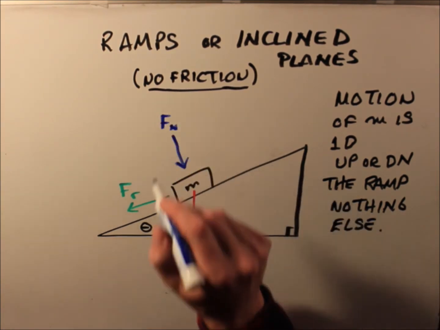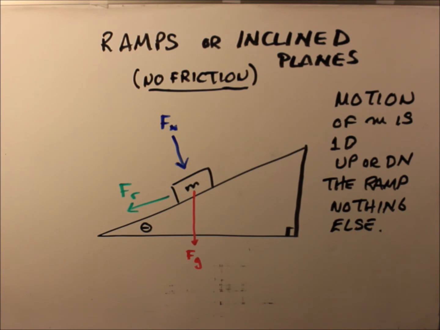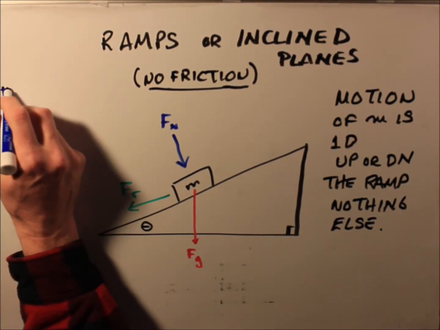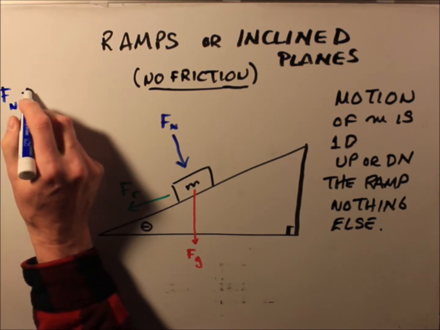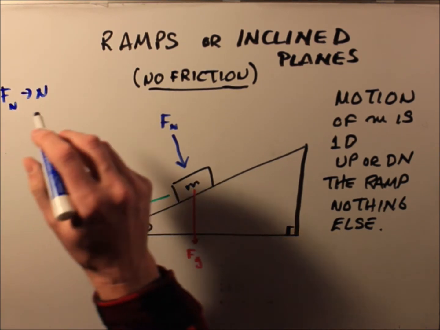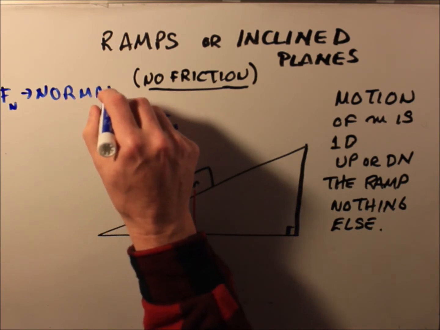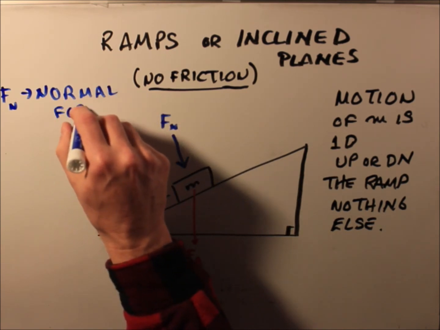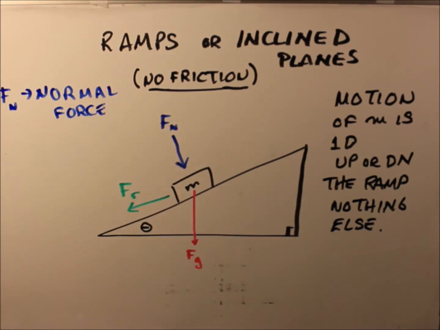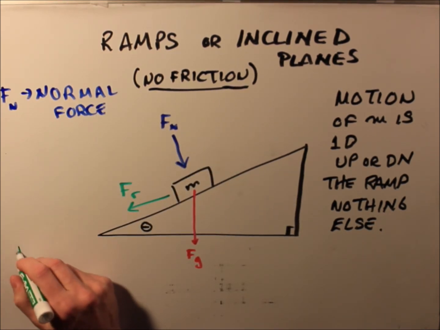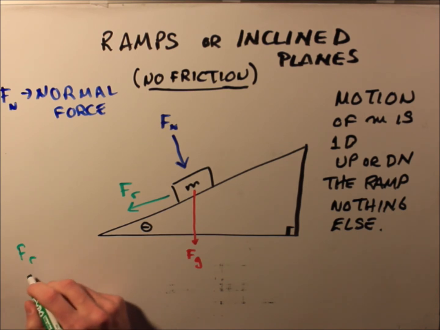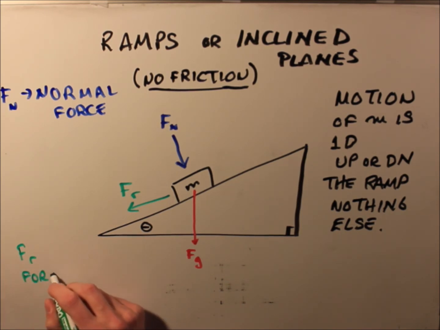We're going to meet it again soon enough, and the force on the ramp. These are the forces that matter. So F sub n is the normal force. And F sub r, we'll just say force along ramp.